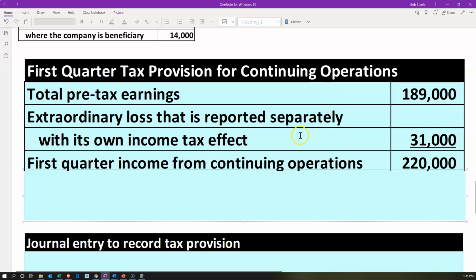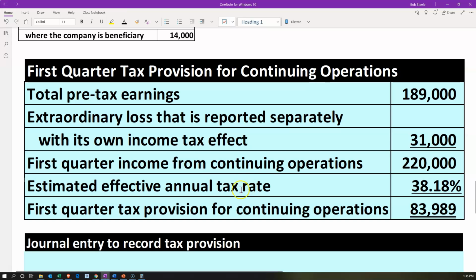So the extraordinary loss that is reported separately with its own income tax effect, we're going to add back in now. So the 189 plus the 31,000 is going to give us the first-quarter income from continuing operations, which is going to be the 220,000. Then we're going to apply the estimated effective annual tax rate, which is about 38.18.